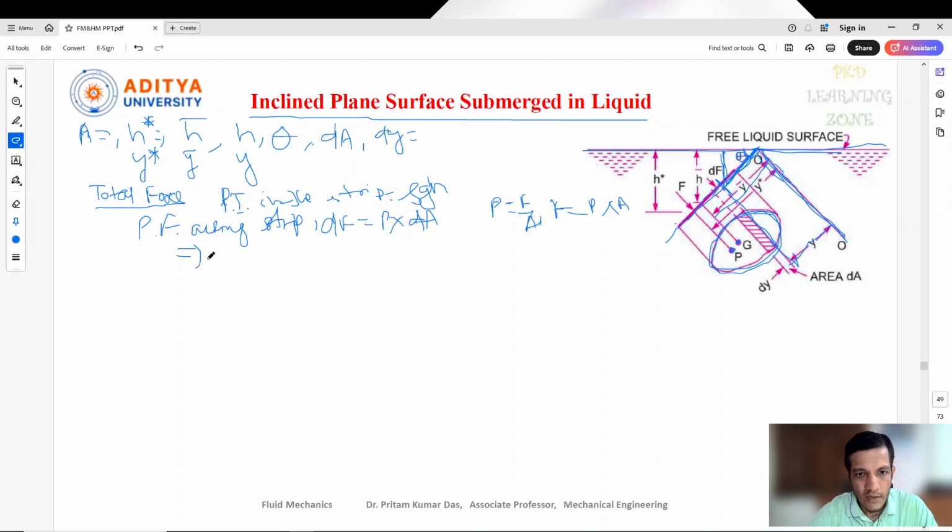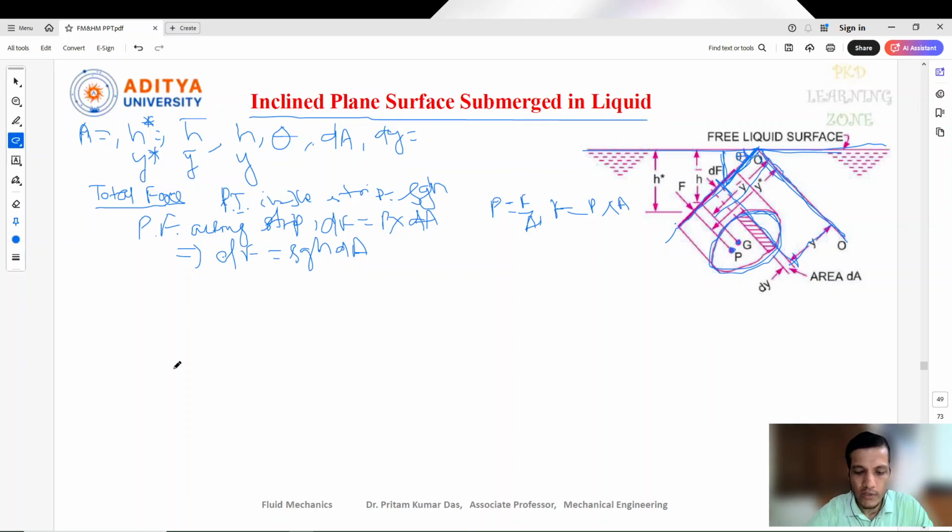So dF equals the P value, which we can write as rho g h, times dA. Now this is the force which is acting on the strip.